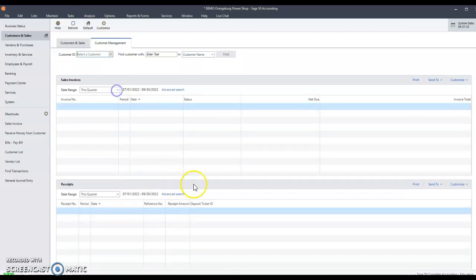So I have to use customer management. Okay, under customer ID, and I will finish this on the next video, but under customer ID, we can click on that down arrow, and then, since there's nothing there to choose from, we want to put a new one in, we can click on new.